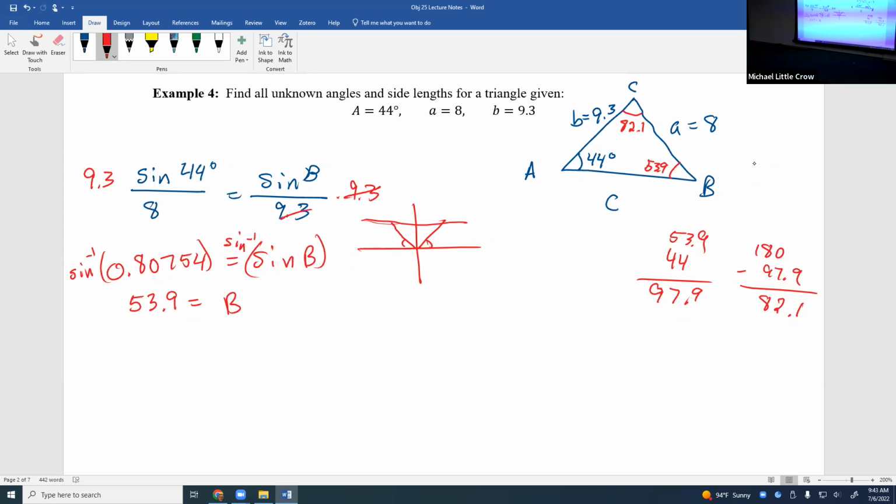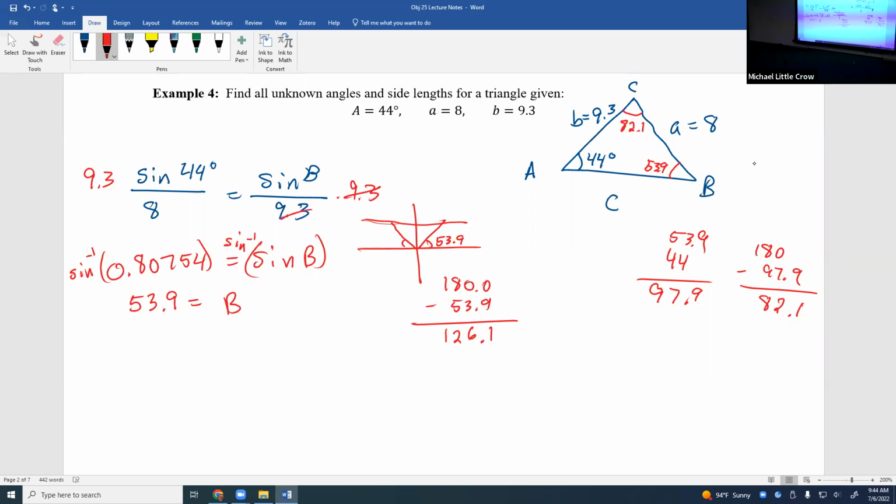But before we go much further, let's see if there's potentially a second solution. So if this is 53.9, what would the second angle over here be? It would be 180 minus 53.9, so that'll be 126.1.